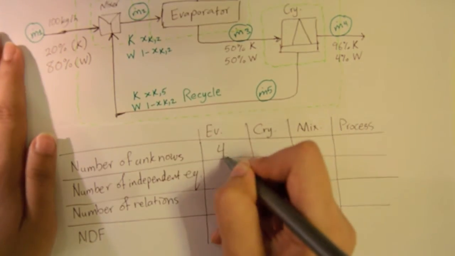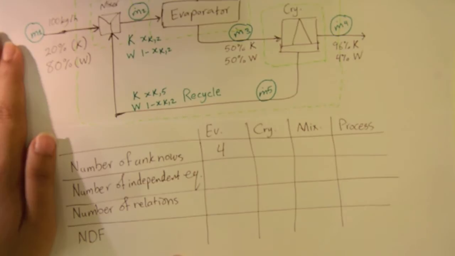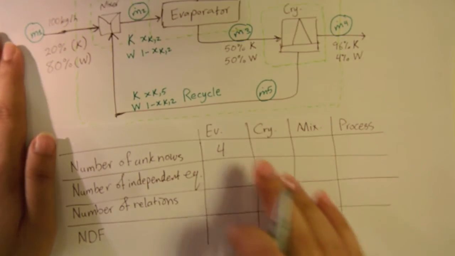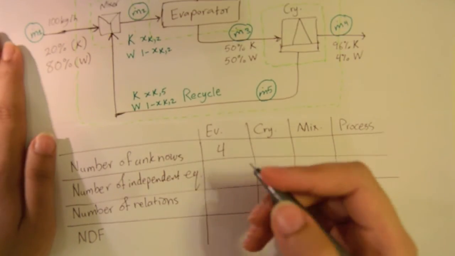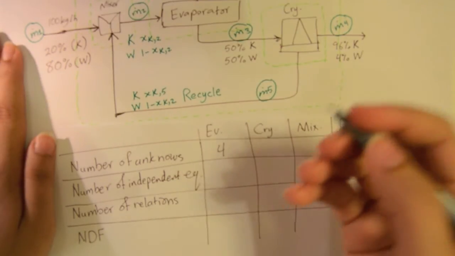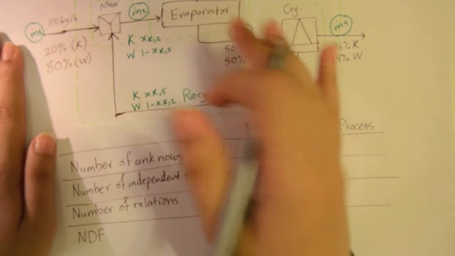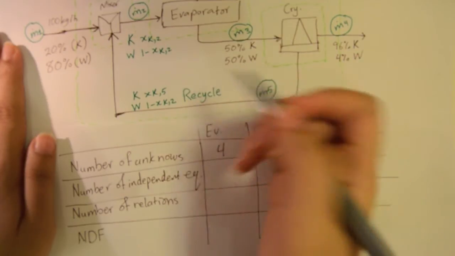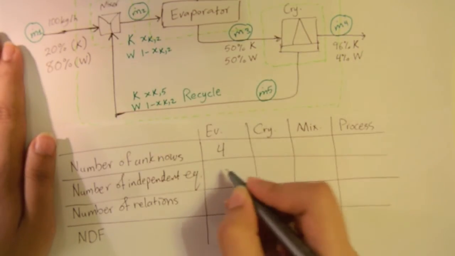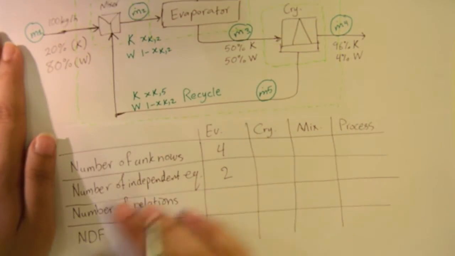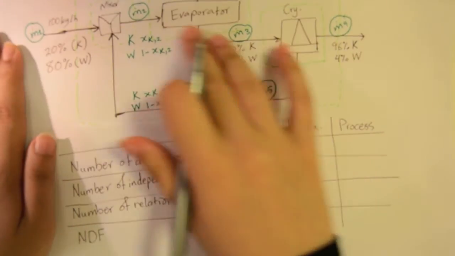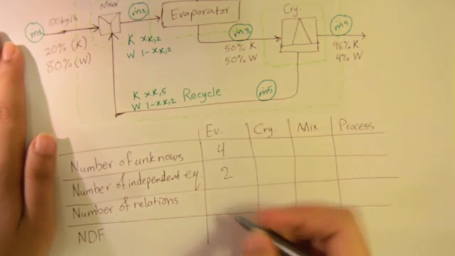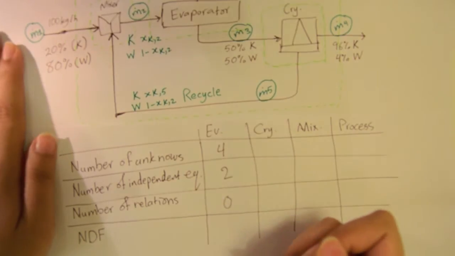We will write here 4. The number of independent equations depends on the number of components in this system. The only components we have are K and W, so it's 2. The number of relations, there's no relation inside the evaporator, so it's 0.